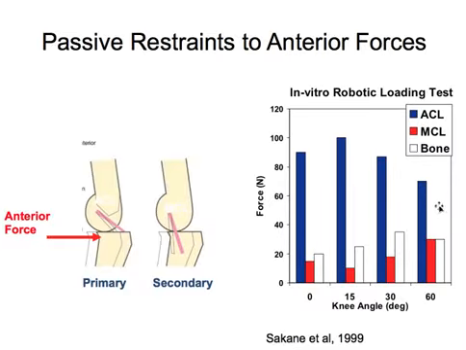So the anterior drawer test is really not a very good test for the ACL. But the Lachman's test, which tests anterior drawer laxity at around 15 to 20 degrees, is a good test. It keeps the MCL relatively slack, and it's where the force in the ACL is highest in terms of restraining anterior translation.